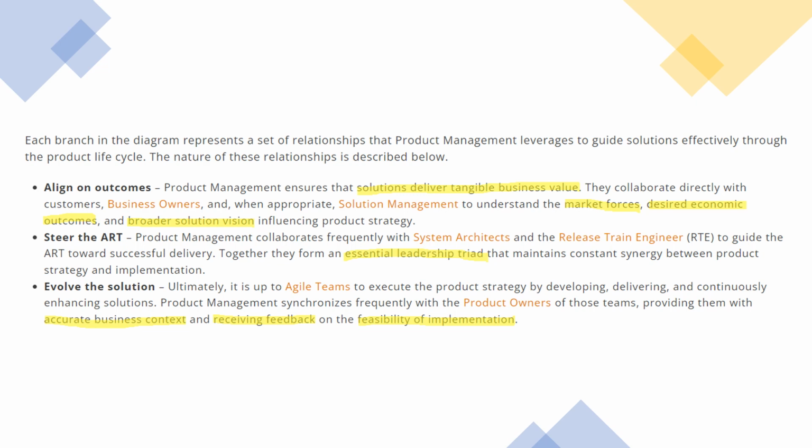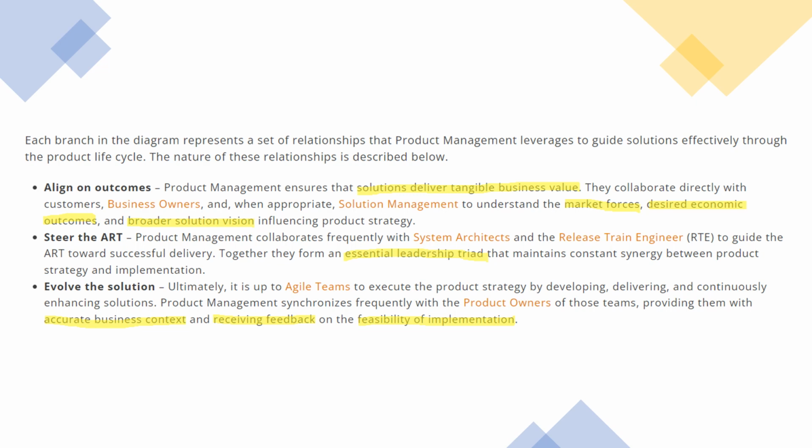Product management ensures that solutions deliver tangible business value. For that, they collaborate directly with customers, business owners and, when appropriate, the solution management team, to understand the market forces, desired economic outcomes and broader solution vision influencing the product strategy. They need to work with customers, business owners and solution managers to create the product strategy. That's very important.